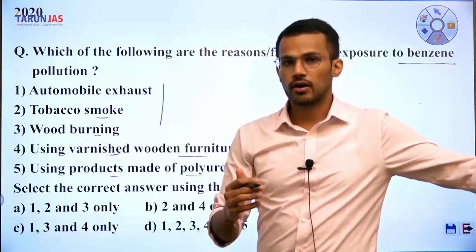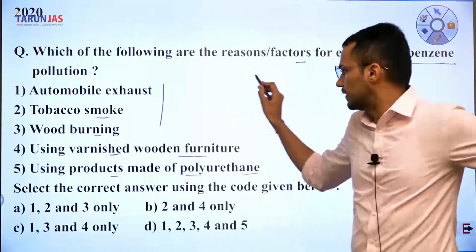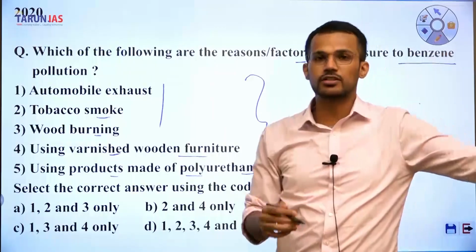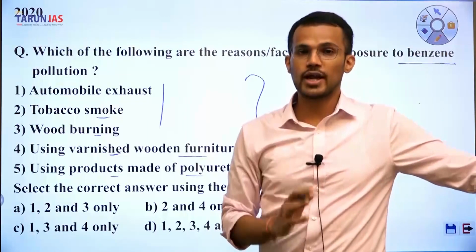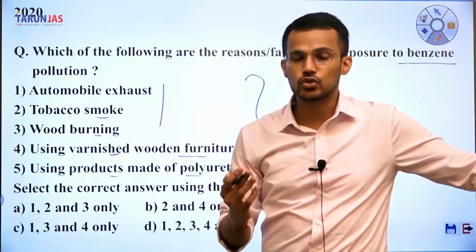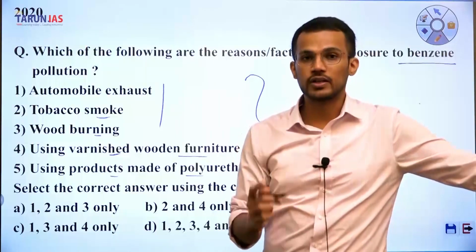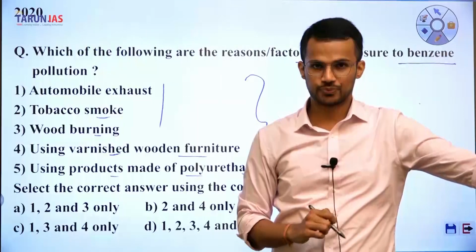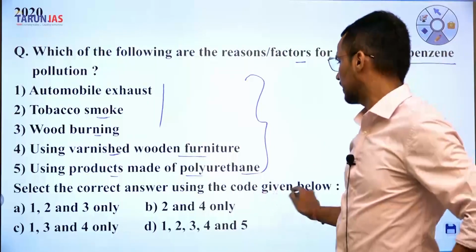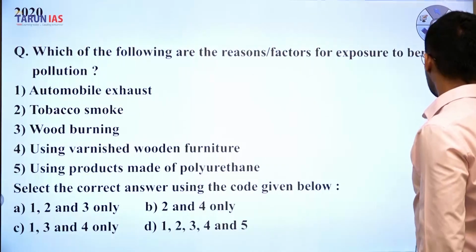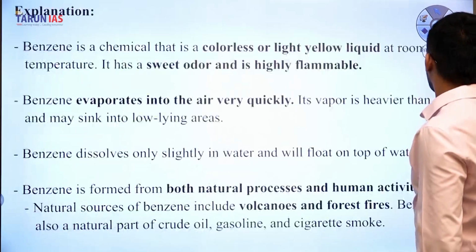Fine. So, out of these statements given to you, you have to identify what leads to exposure or release of benzene. So, you have to select correct statements from this. Let us discuss this question.